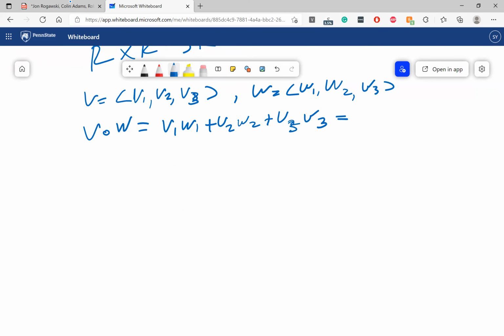We can switch all of these, so we can say this is the same as W1 V1 plus W2 V2 plus W3 V3, and that gives us W dotted with V. So you can flip them because each component just gets flipped, and that means that they're commutative. Any questions? Okay.